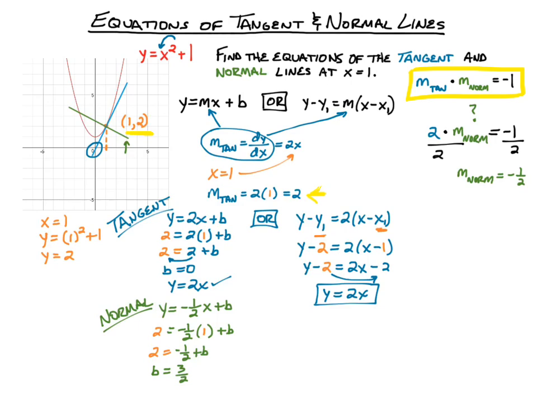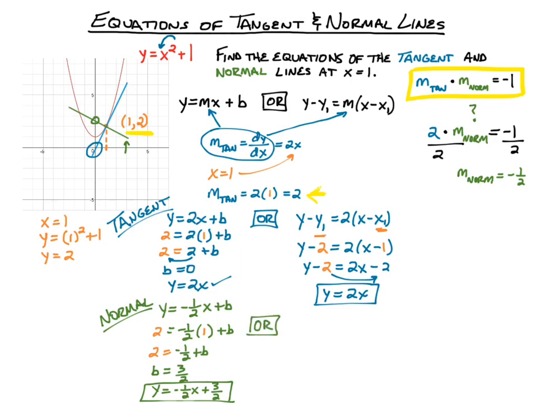So our b equals 3 over 2. And if you look at the graph, it does look like it goes roughly through 1.5 or 3 over 2. So we're looking good there. Take it back and put it into the slope intercept form, and we have our equation y equals -1/2 x plus 3 over 2.